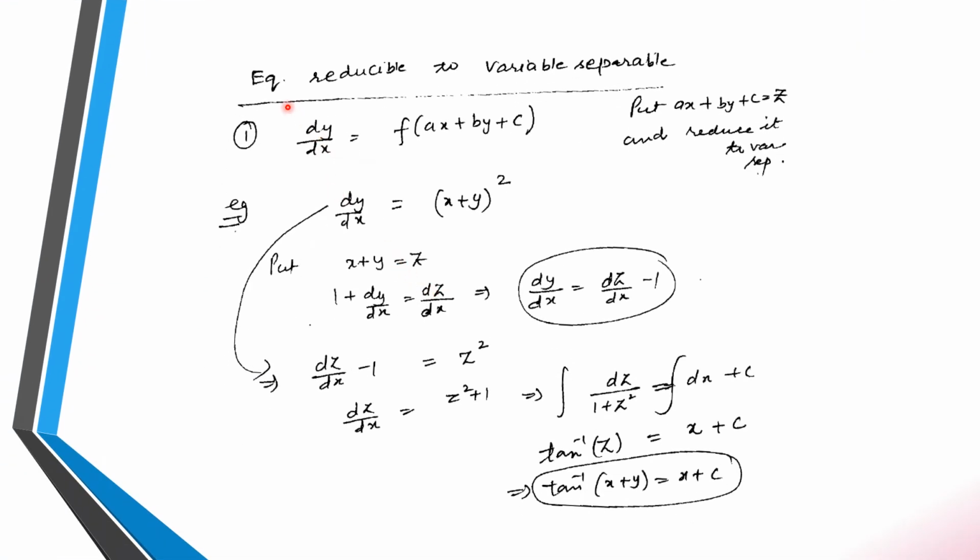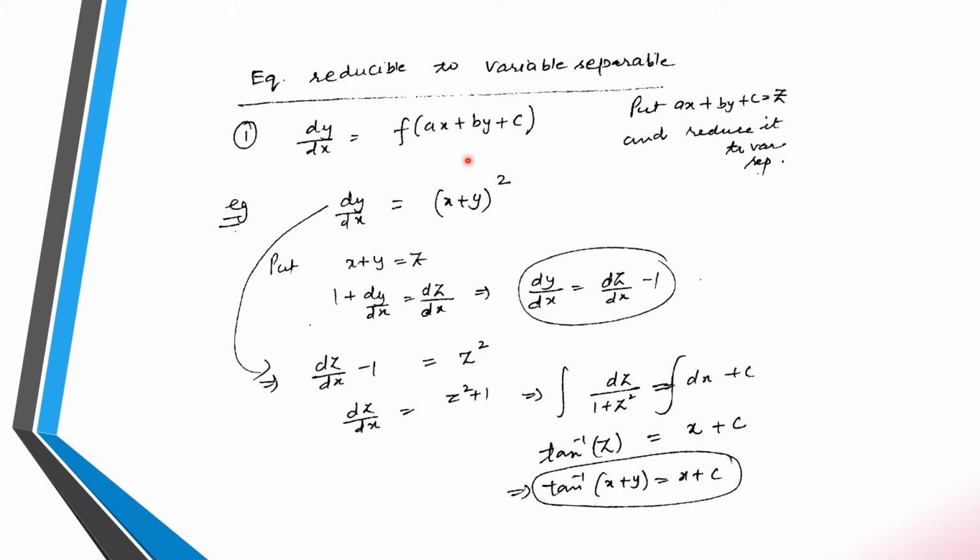Now the next method is equations reducible to variable separable. In this case we are given dy by dx as some function of x and y combined. We cannot separate the two variables. We have a relation between x and y.